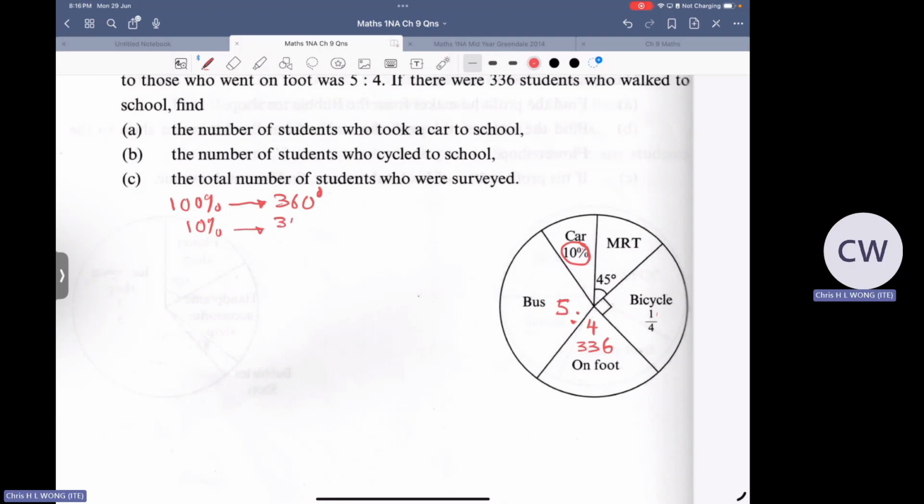So 360 divided by 100 times 10 equals to, I cancel 1, 2, 36 degree. So this is 36 degree. Okay. First thing first. Okay. Now the second part.